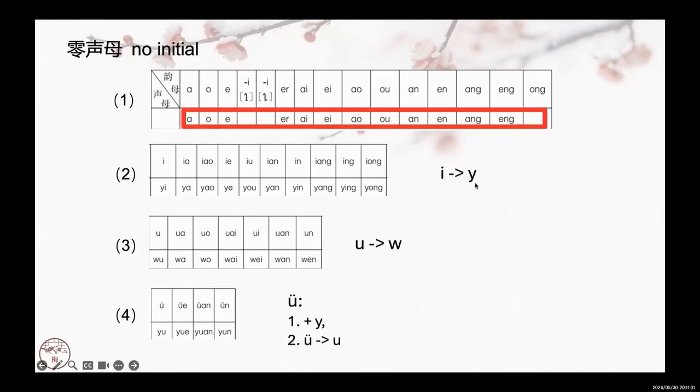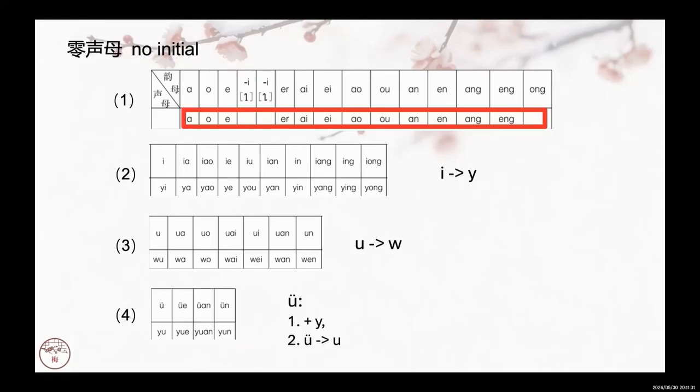So this is a grammar rule, and I don't think it's complex. After I explain it to you, I hope it will be clearer. For some vowels or some finals, they don't have to come after an initial. They don't have to come after a consonant to form a syllable.